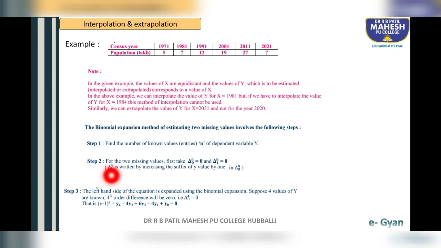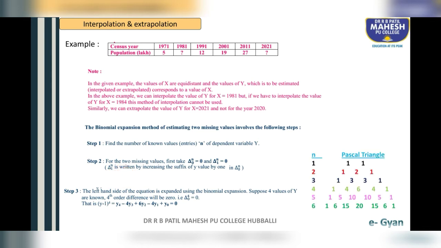The n value is 4. So this can be expanded as follows. You already know how to expand this series from the first year. Students, first you write the y values. If n is 4, the first value is always y4, then y3, y2, y1, y0. The y values decrease down to 0.